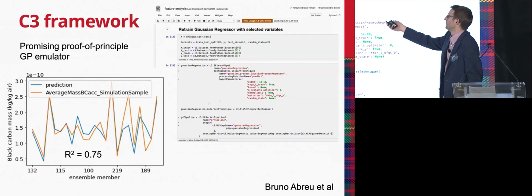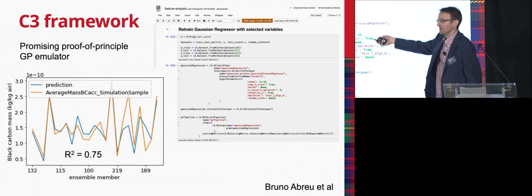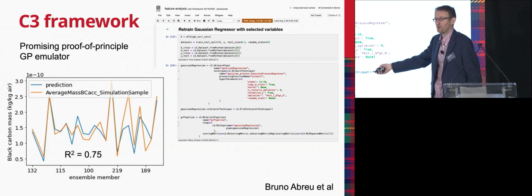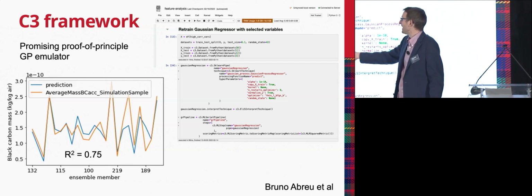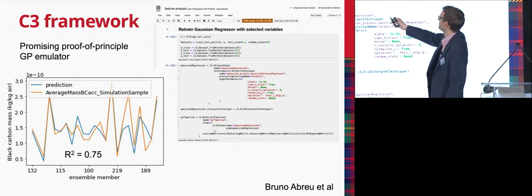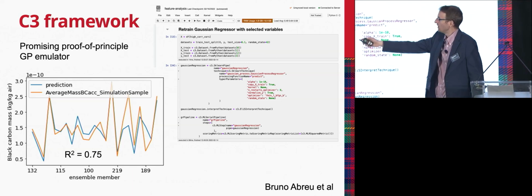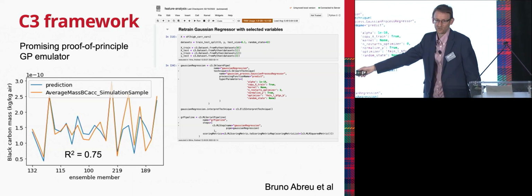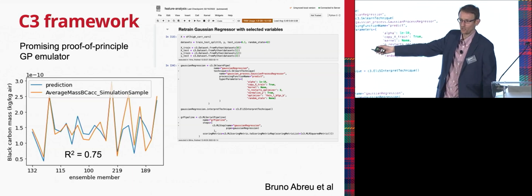So far, we've developed, and maybe I'm taking a risk in actually showing you code, a promising proof of principle Gaussian process emulator for black carbon mass. Black carbon's obviously a key constituent of smoke.